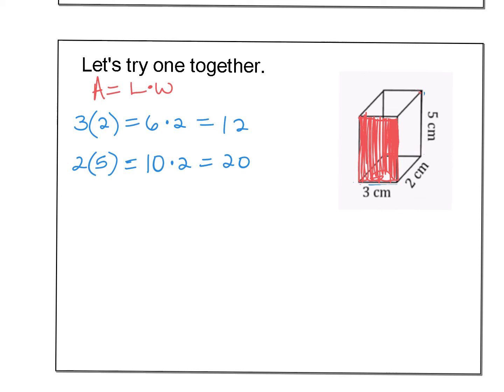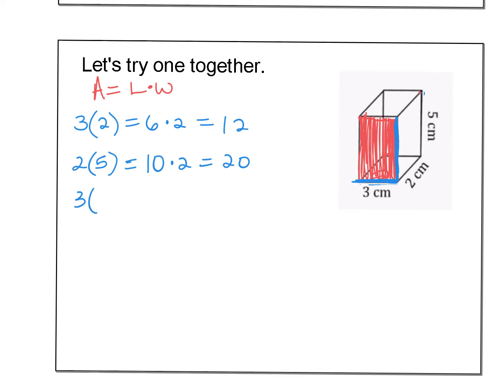But hopefully you can see this front part, right? This front rectangle. If I look at this measurement, I have a 3 that goes across the bottom. So there's my length. And then up here, what is the measurement of this long side? This one doesn't have a number right next to it.